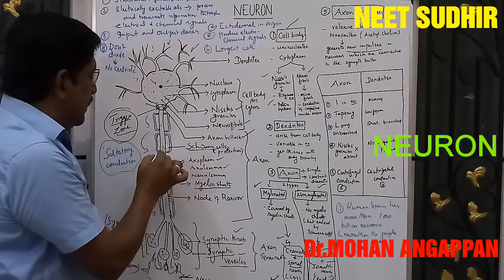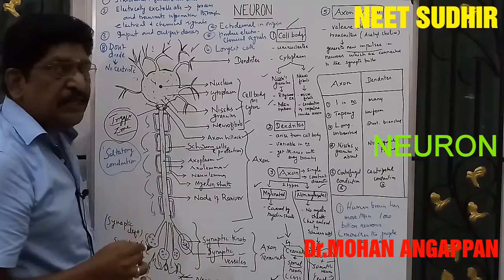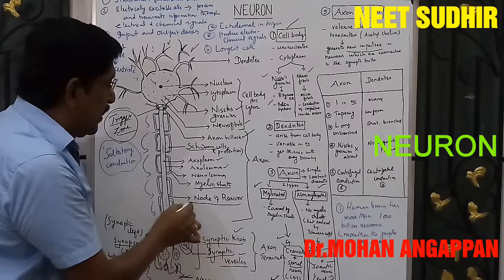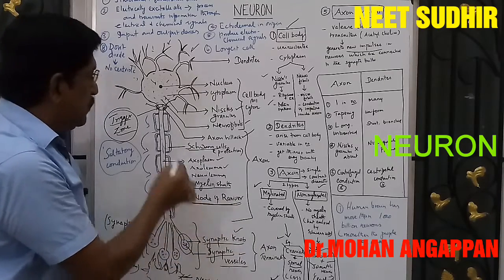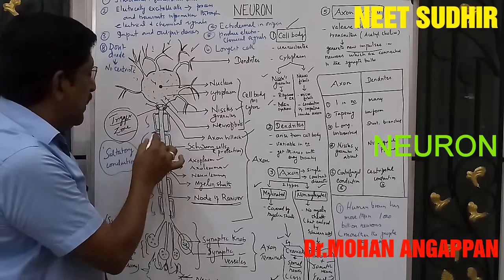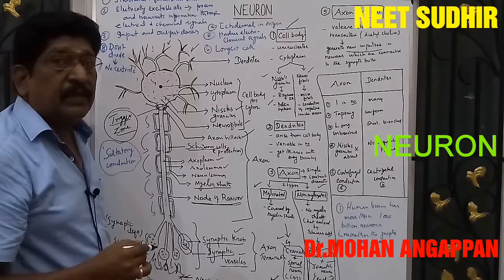If you see the axon, in some places there is no myelin sheath, an absence of myelin sheath. That space is called the node of Ranvier. So the place of the axon where you won't get the myelin sheath is called the node of Ranvier.